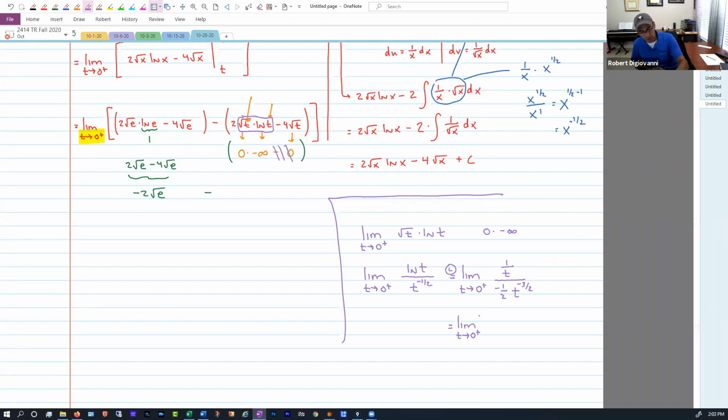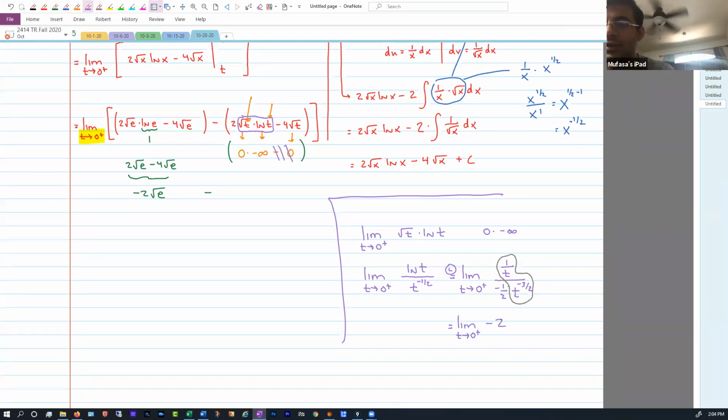How do we want to do this? Let's just figure out what all this is. And then the -1/2 on the bottom, I'm just going to put that out front as a -2. Because it's on the bottom as a -1/2, I'm going to flip it up to the top as a -2. But everything I circled in gray there, what does that become? Is it 1 over t under root t cubed?